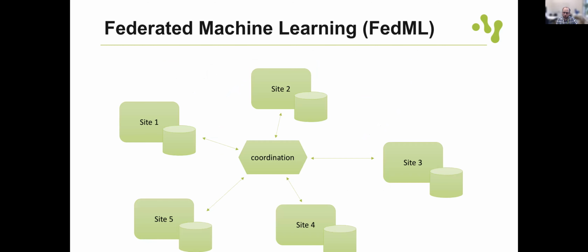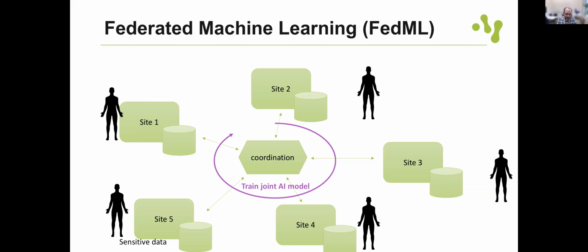But today we're going to focus on federated machine learning, and in this case we have data residing at multiple sites, and we would like to train a joint AI model over them without the different sites, the different partners, disclosing data with each other. So this could be, for example, that data is sensitive, from say human subjects or patients.